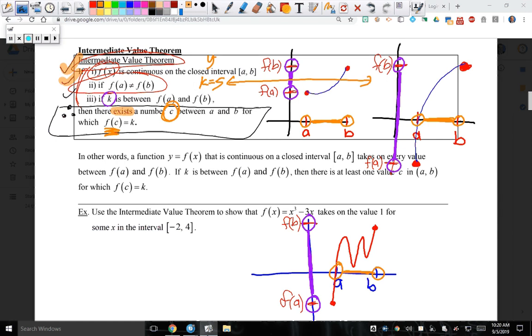So Y equals 5. You with me? So it's saying there must be at least one number, in this case, it's right here, C, where if I found the Y value of this, which is K, it's saying that there will be a C value that exists between A and B.